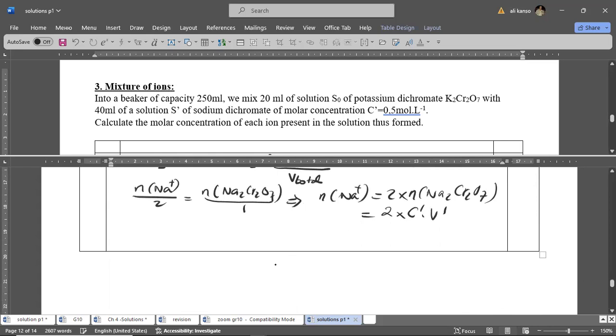You can replace N equals C prime V prime. I know that they are difficult, but if we repeat it many times, they become easy. 2 times C prime, which is given as 0.5, times V prime, which is 40, changed into liters, and we get 0.04 moles.